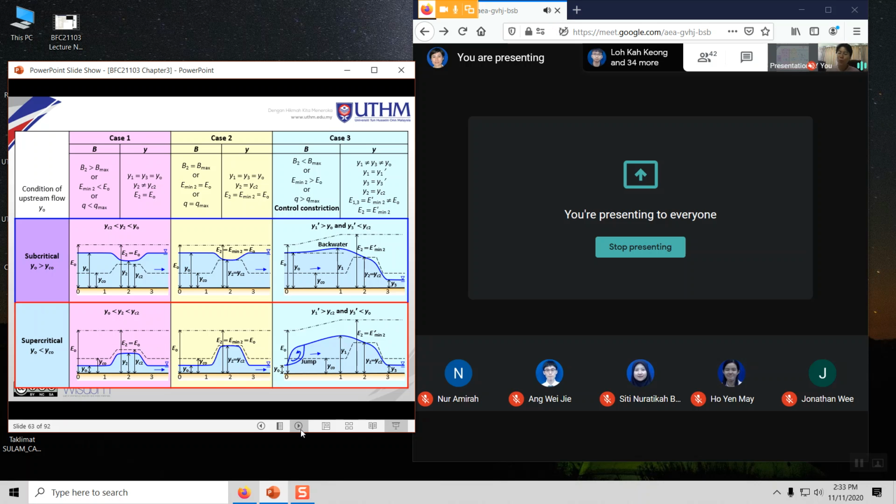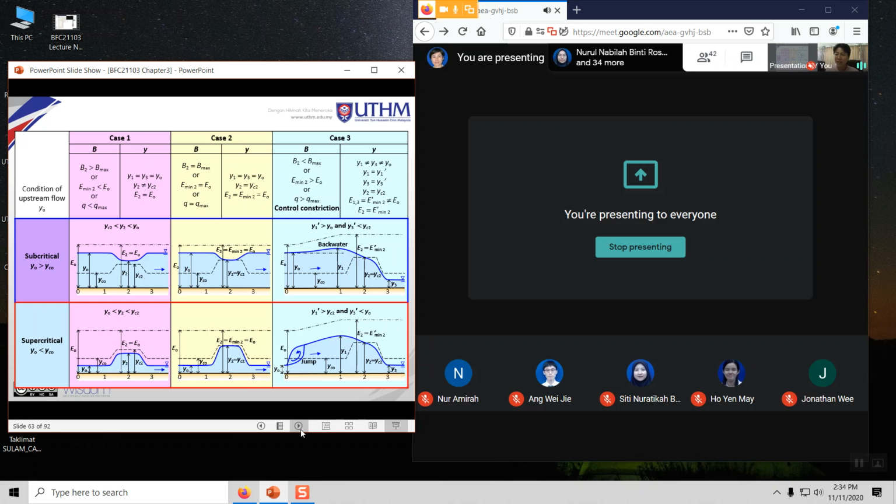So now your width at location 2 is less than B max. At that location 2, your flow would remain critical flow. But of course, your Y2 is another YC already. It is not the same as your YC2 of your B max, because it depends on your B2.